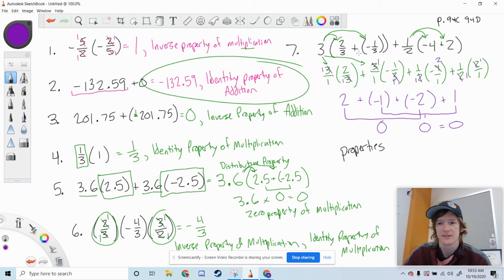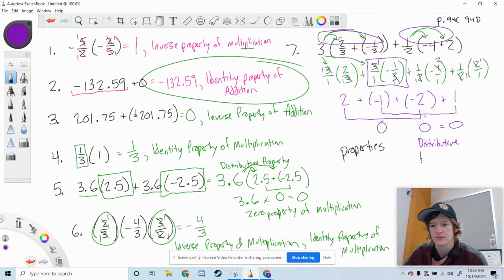So what kind of properties did we use? We used the distributive property. That was right here when we multiplied the 3 and the 1/2 by whatever was in those parentheses. Here we use the inverse of multiplication.